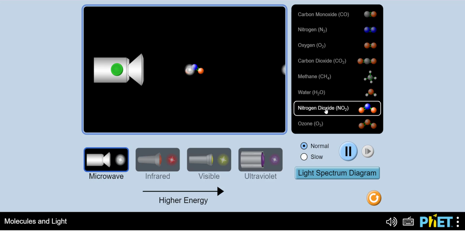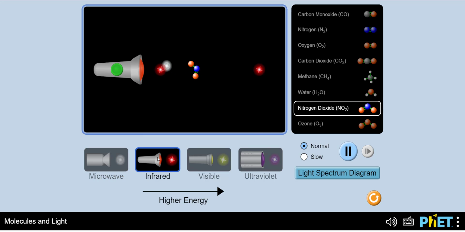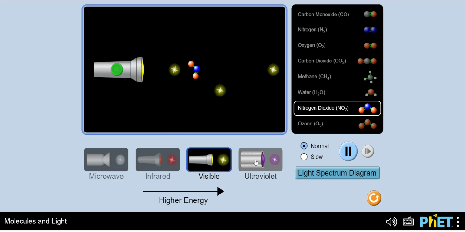Nitrogen dioxide. Infrared. Visible. And ultraviolet.